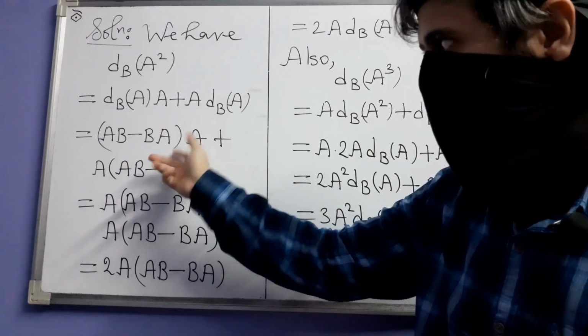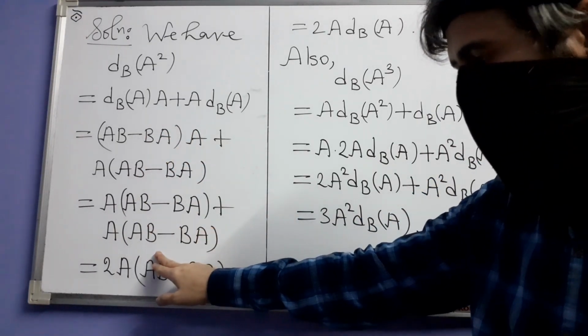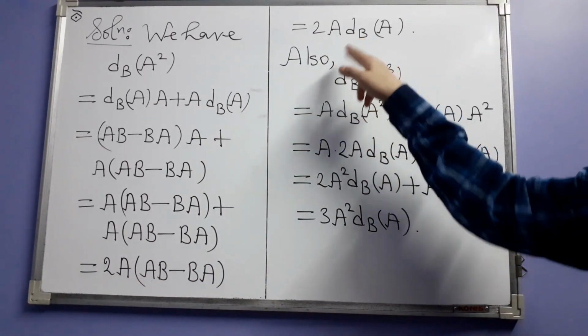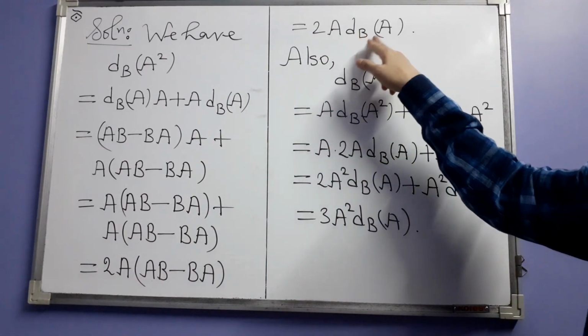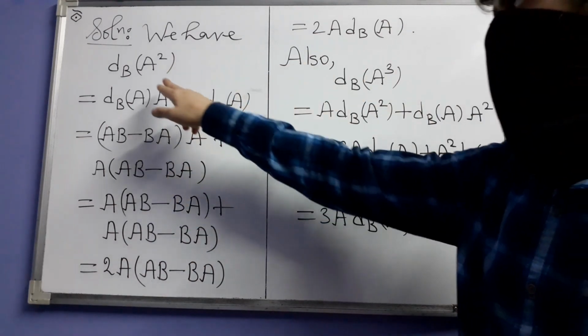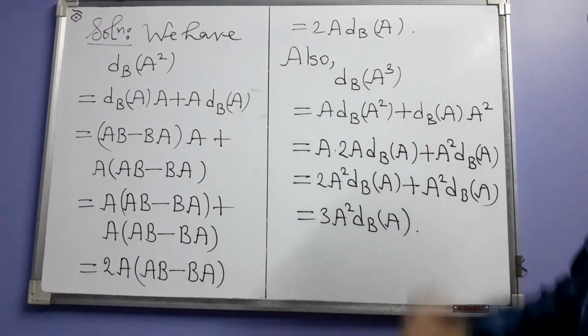We can interchange the factors. So that way we get the same thing 2 times. So 2 times this. And then again, in place of AB minus BA, you write dB of A, say. So you get this fact. dB of A squared is 2A times dB of A.